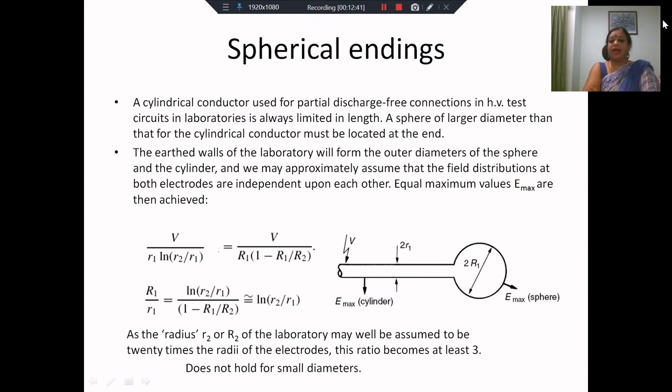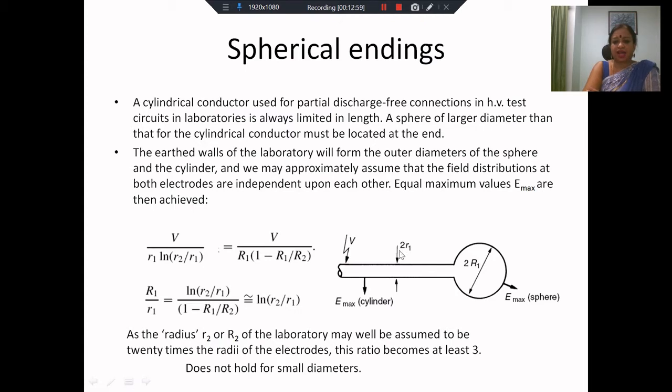So normally end terminations are obtained by putting a sphere of larger diameter than that of the cylindrical conductor and capping that.